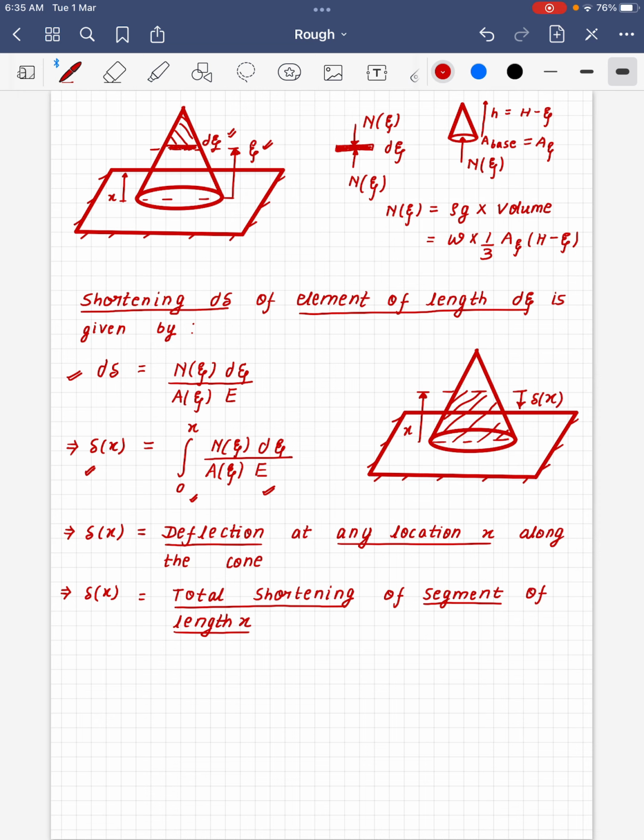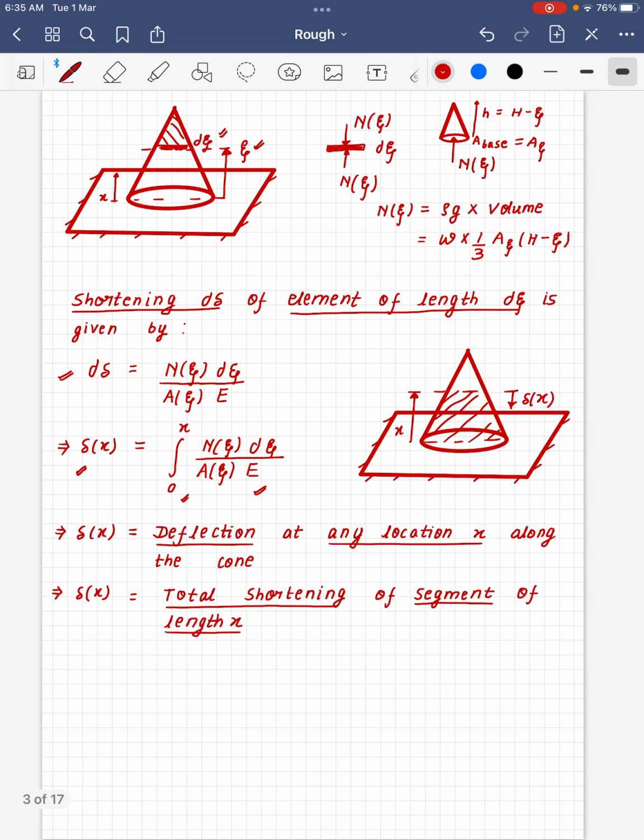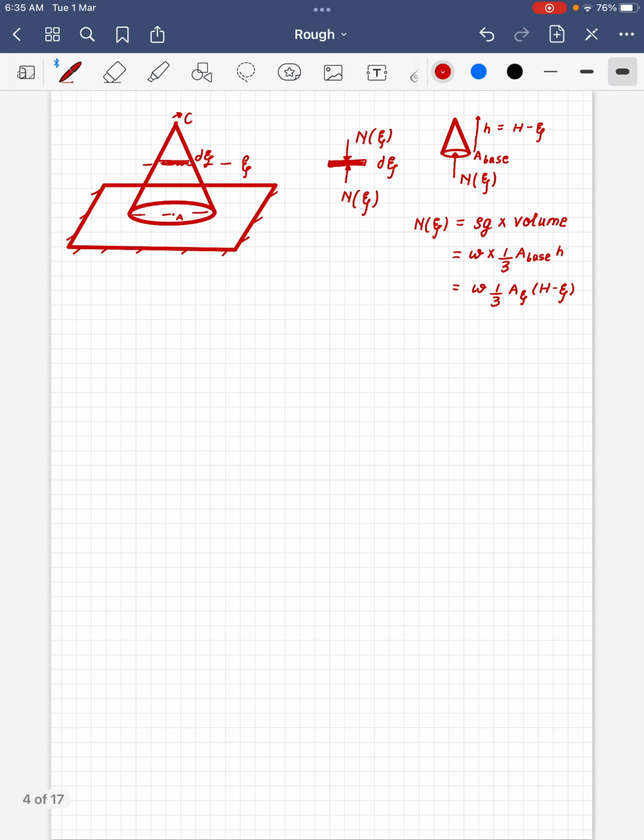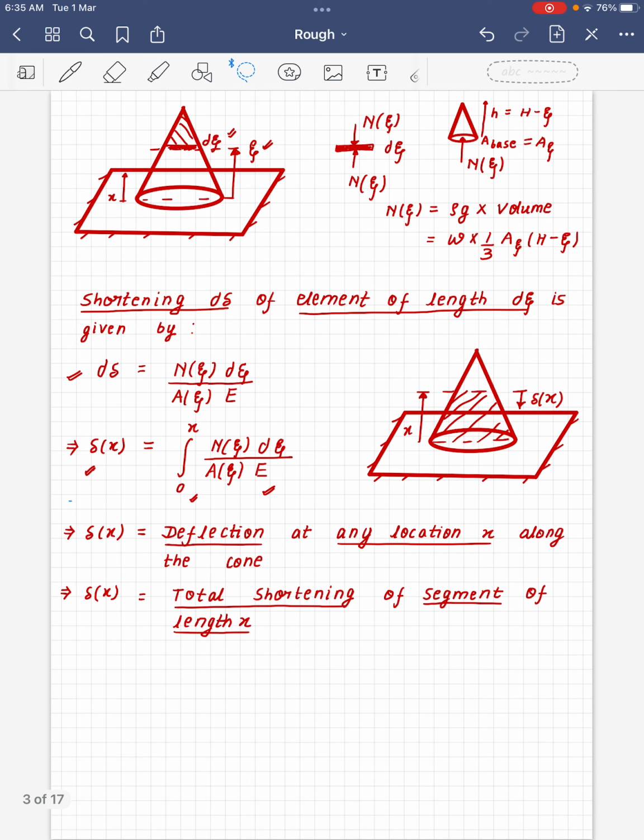Now let's find out the deflection at mid height. We will use this formula.